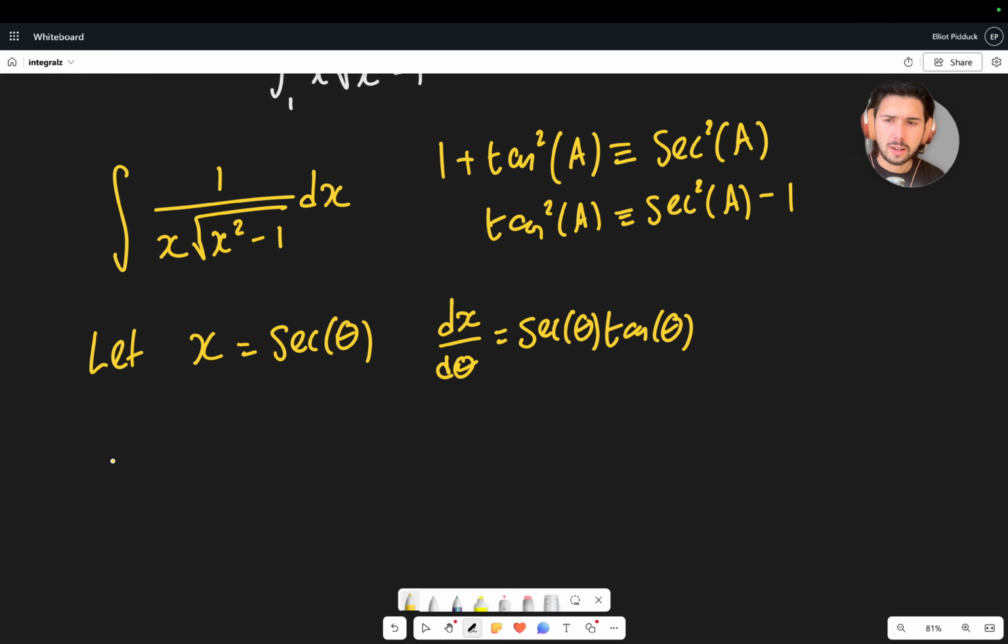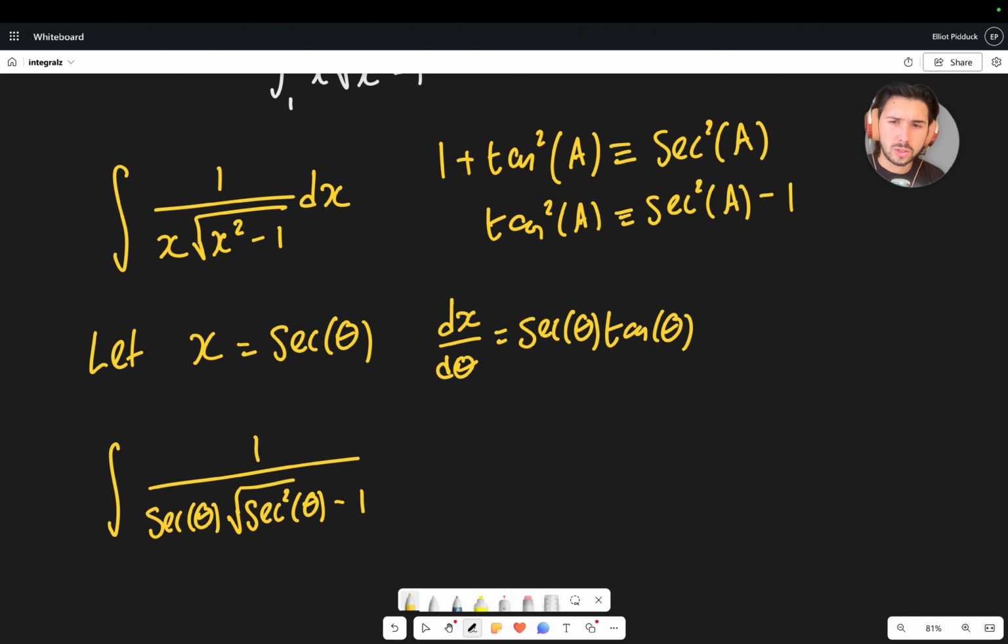Then let's rewrite the integral with that substitution in mind. So we've got 1 over x, which is sec theta, so sec theta times the square root of, this is going to be sec squared theta minus 1 there, all inside the square root. And dx, guys, we can replace that with sec theta times tan theta d theta.